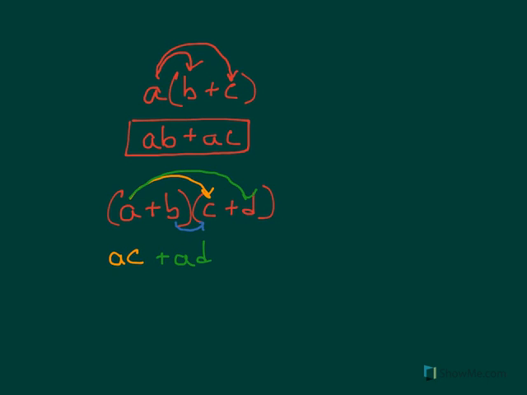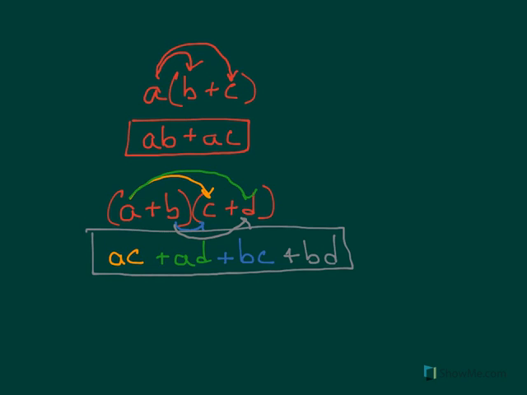So b gets multiplied. That's going to get you bc. And then the b has to get multiplied against the d. That's going to get you bd. So double distribution. Two terms have to distribute into the other two terms, and then keeping track of all of that multiplication. And 9 times out of 10, these two terms are like terms. Not always, but for what we're doing, those are probably usually going to be like terms.